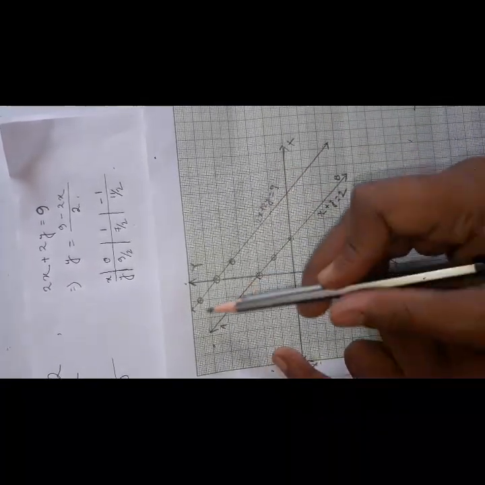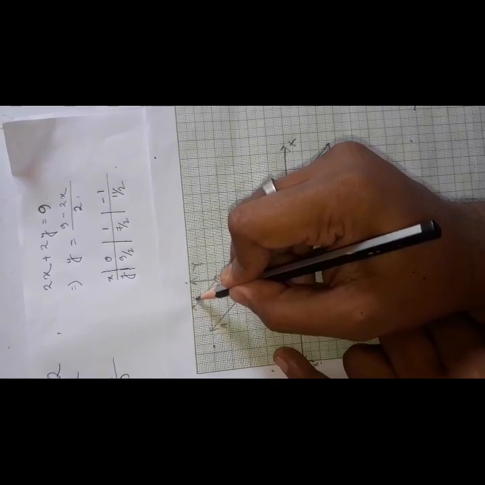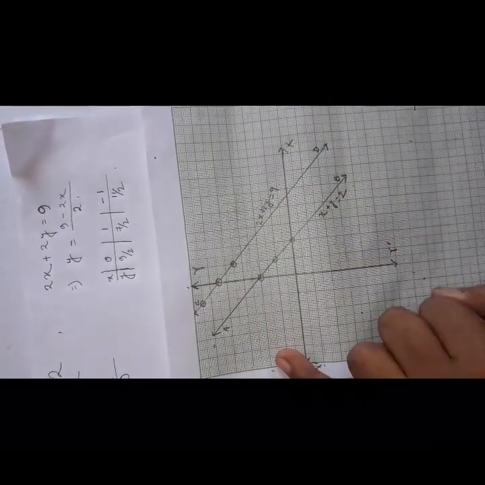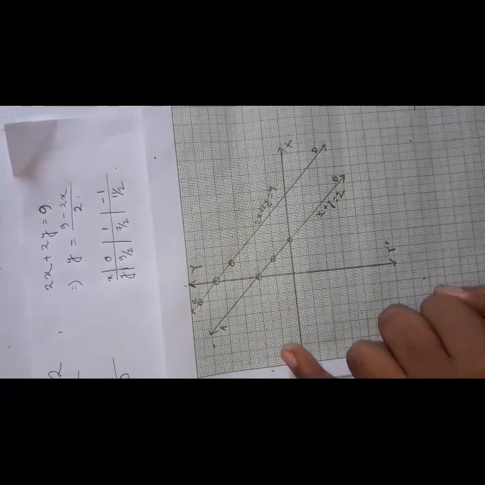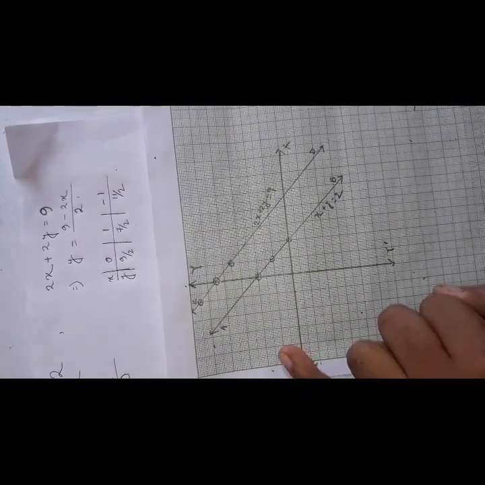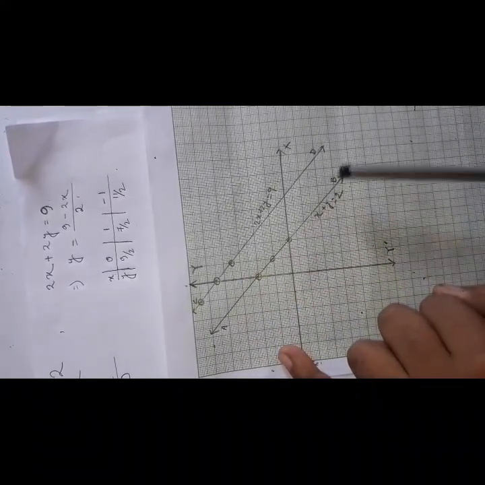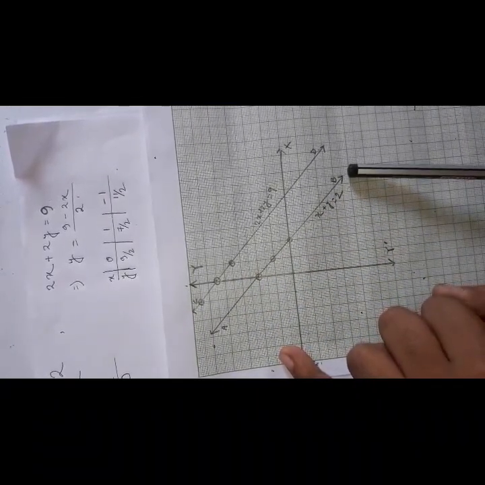You see, these two straight lines are parallel. Okay, we took the example where a1 by a2 is equal to b1 by b2, not equal to c1 by c2, and we found that they are parallel. That means there exists no solution, so the system is inconsistent.